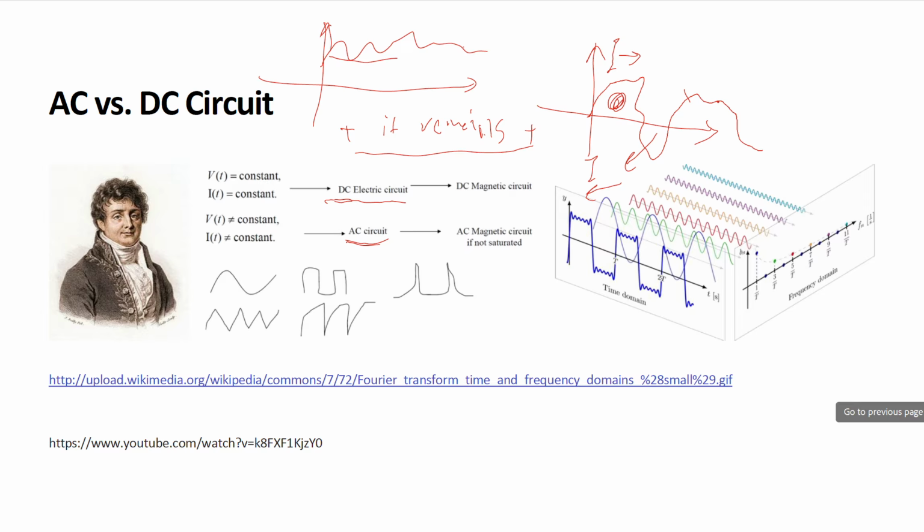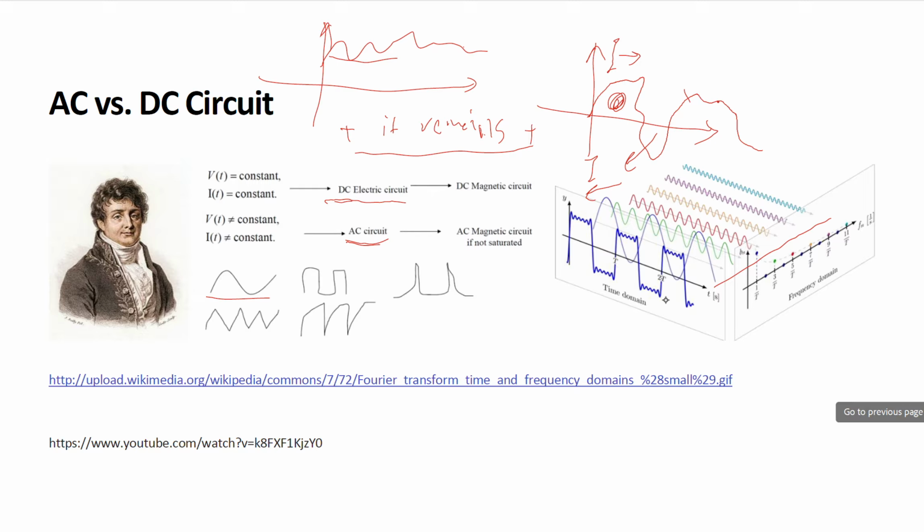So why did we only learn to work with sinusoidals? The reason is the Fourier transform. The Fourier transform basically changes any arbitrary voltage into a summation of several sinusoidal signals with different frequencies and different amplitudes. This is one example.